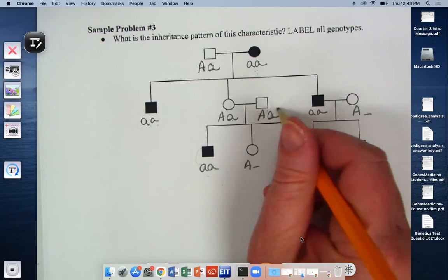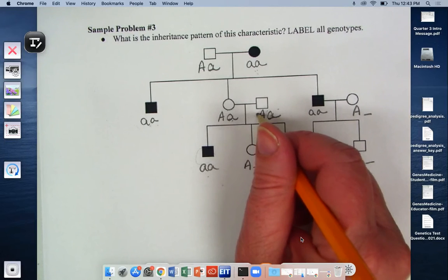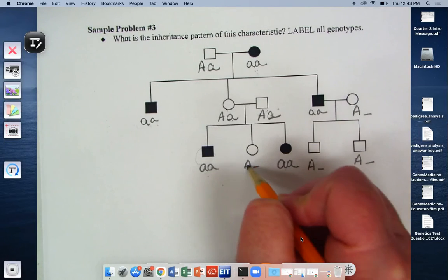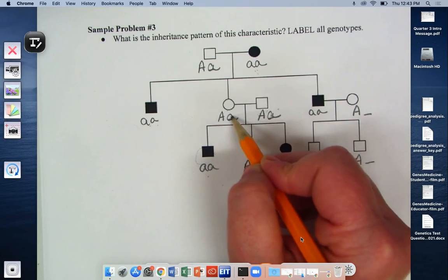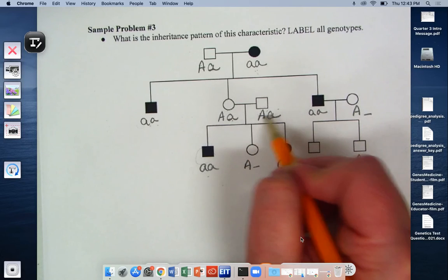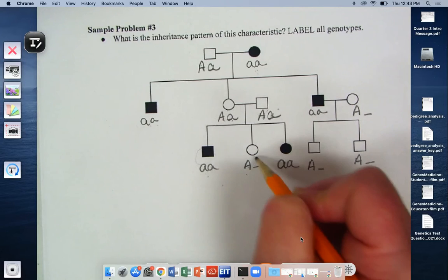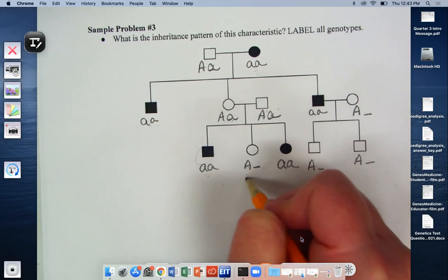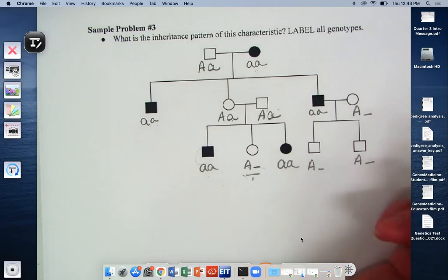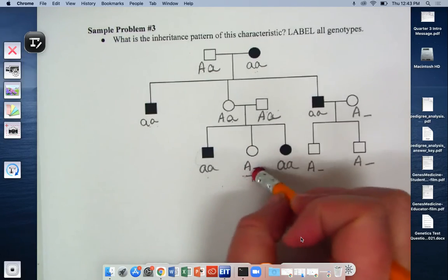So this parent that's heterozygous could have given this one, or this one, this one, or this one. So we know they got a capital A, but it could be another capital A or a lowercase. So we cannot determine this one. We're going to have to leave that one the way it is. We don't know.